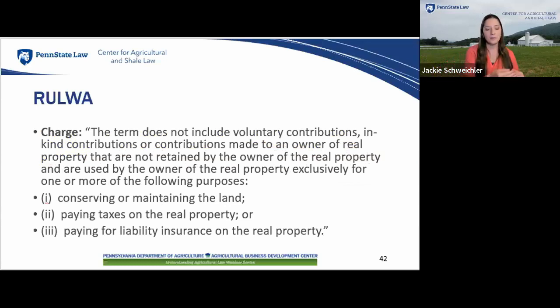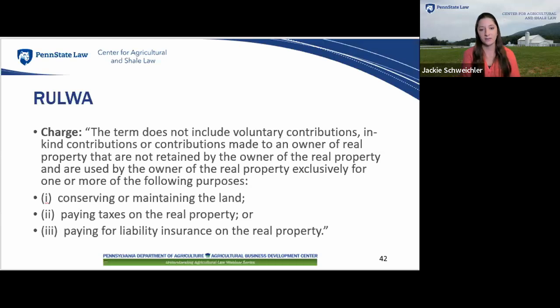So whatever income you're getting from these people who are hiking or canoeing on your land, you need to make sure that money is going into doing these things: conserving the land, paying taxes, or paying for the liability insurance.